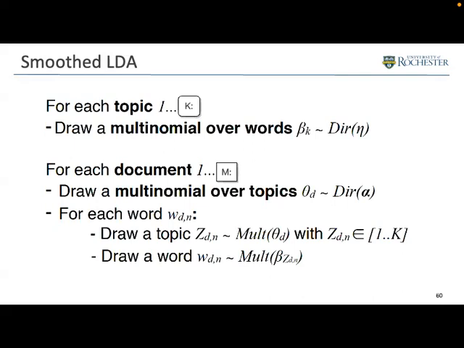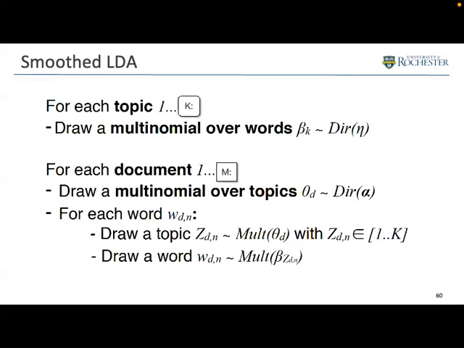Different from the original version, now because we have the smoothing, for each topic we can draw a multinomial distribution of the words. In this case, due to the smoothing, our beta now comes from a distribution with this eta.